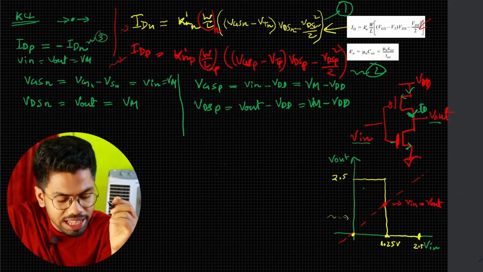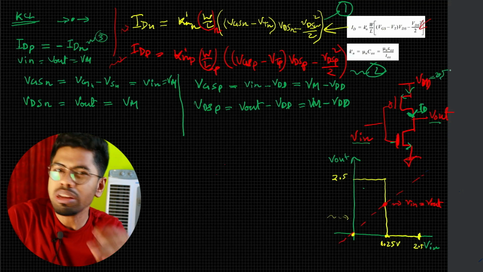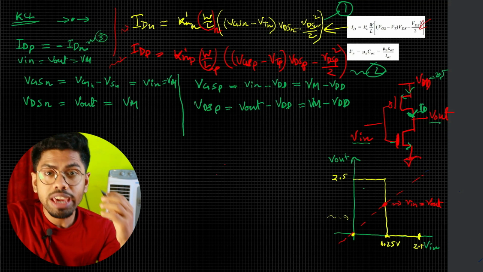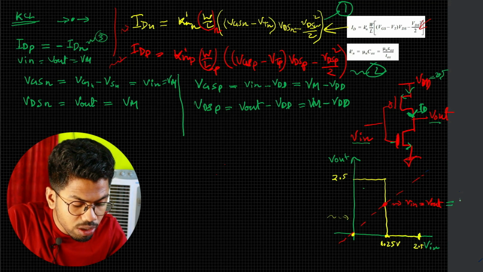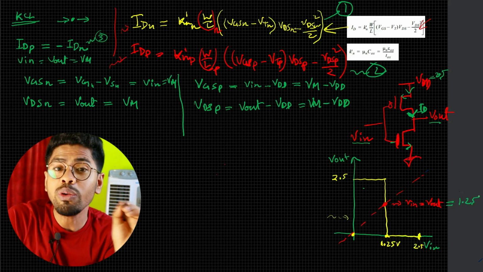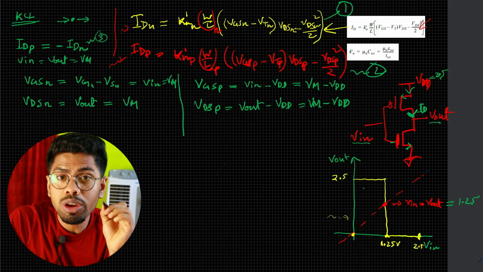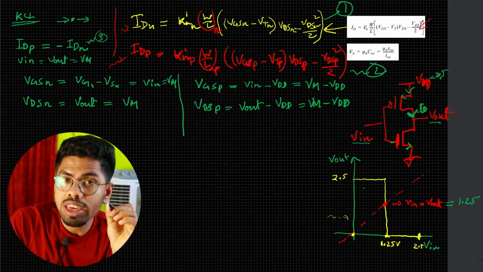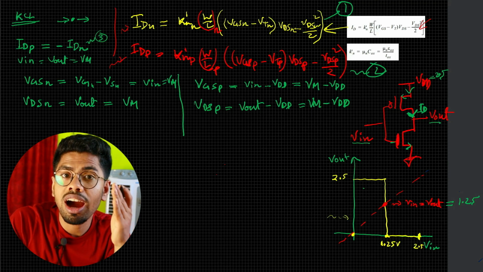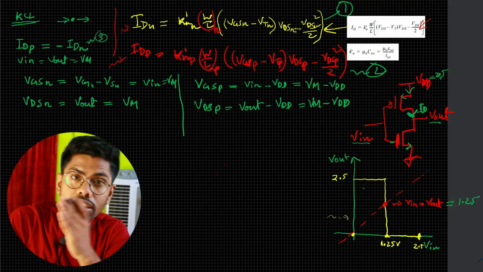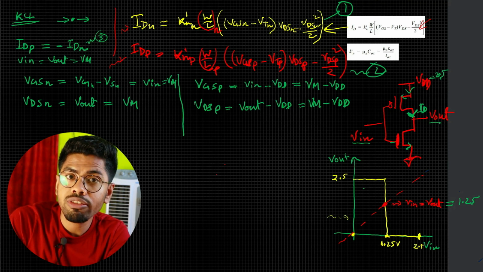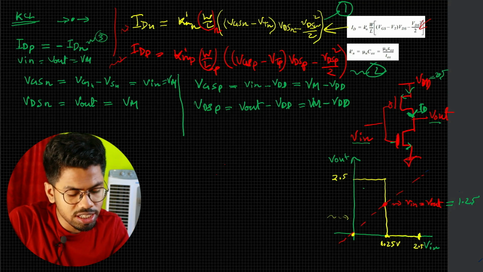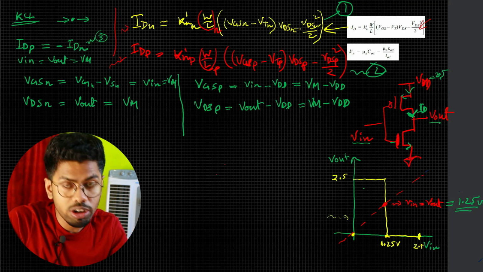Let us assume that our VDD is 2.5 here. You can assume anything. So that means our Vm would be 1.25. Why 1.25? Because we want our V in equal to V out to be at the halfway margin of VDD to 0. And what's the halfway margin from VDD to 0? It is your 1.25 volt.